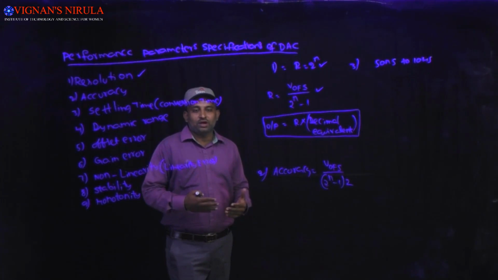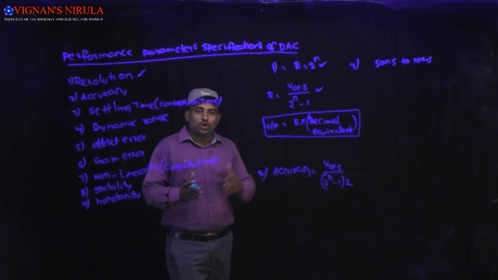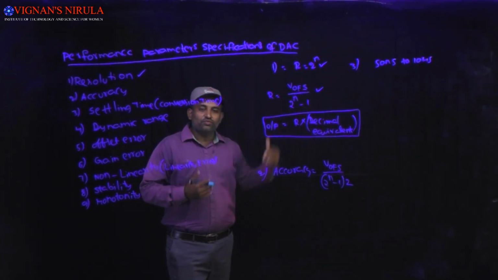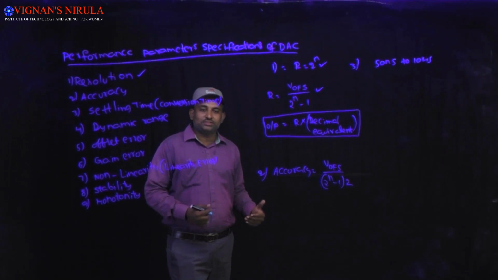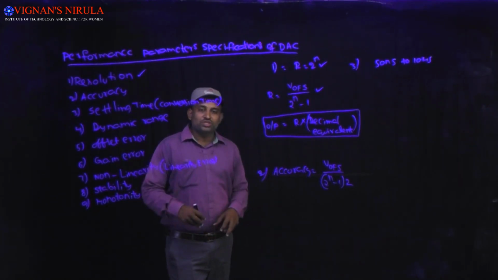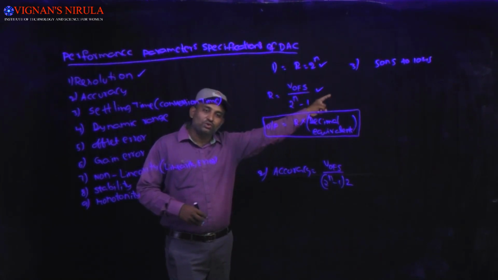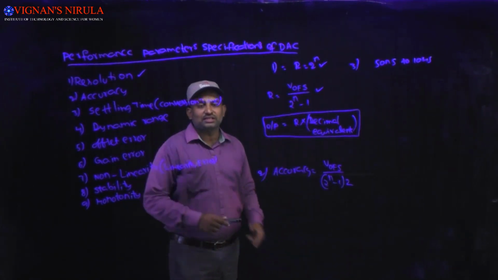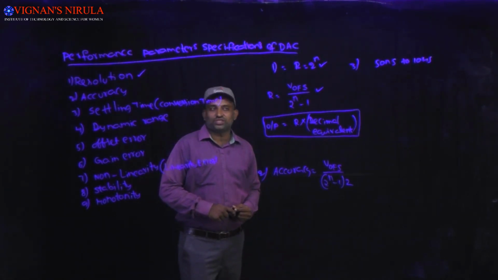That is, the digital input is changing from 0 to the full scale value, which is all ones, which is called settling time or conversion time.